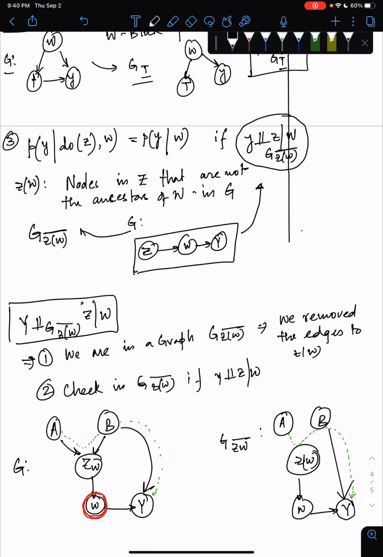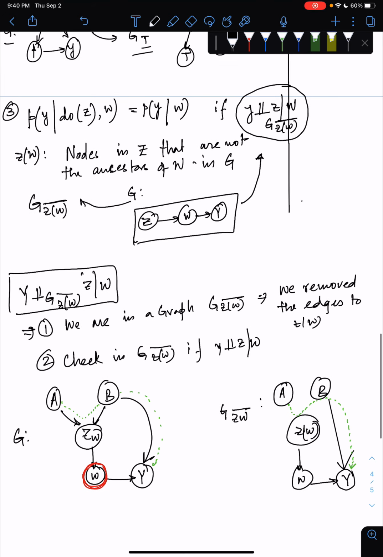So if we take the same concept here, W in my original graph should block all the spurious association between Y and Z. If that happens, then we come to the manipulated graph, and if we remove the causal association between Y and Z, then we can say that Y and Z in my manipulated graph are d-separated given W.